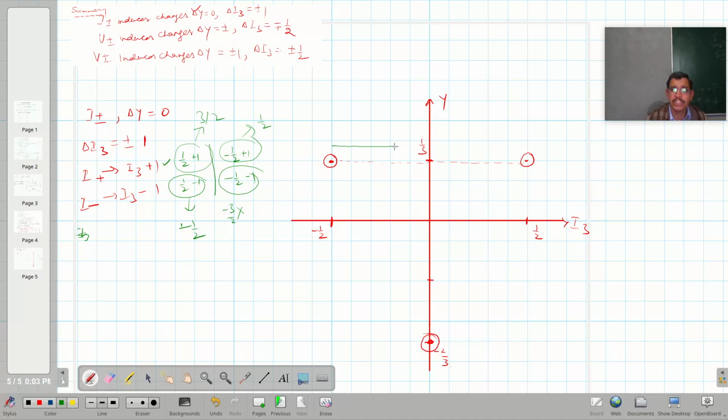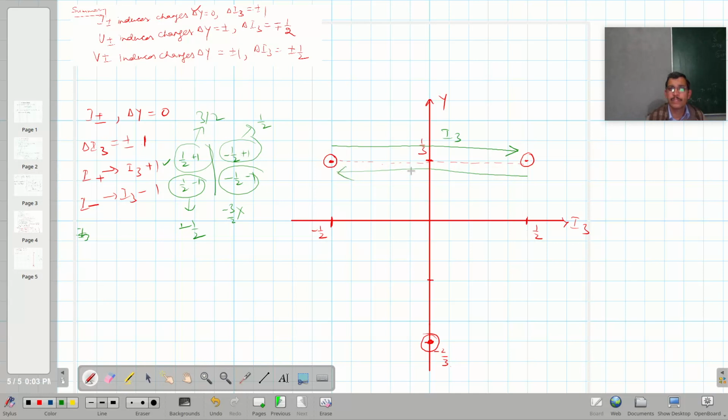So this change is represented by I plus, and this change, 1 by 2 minus 1, means we will be at this point.